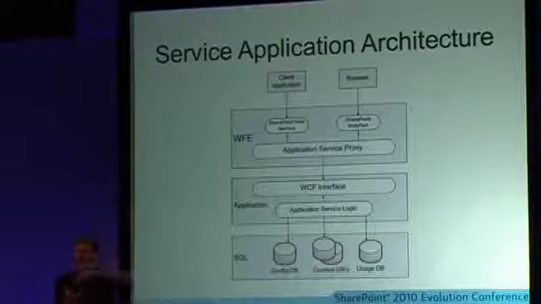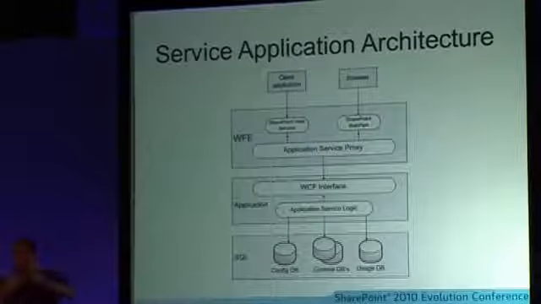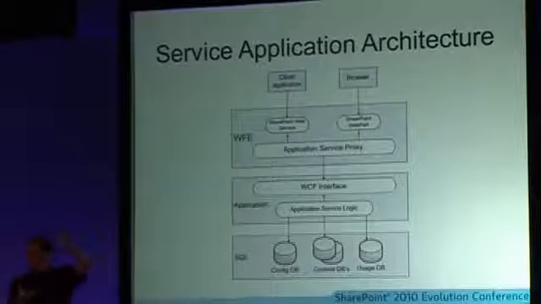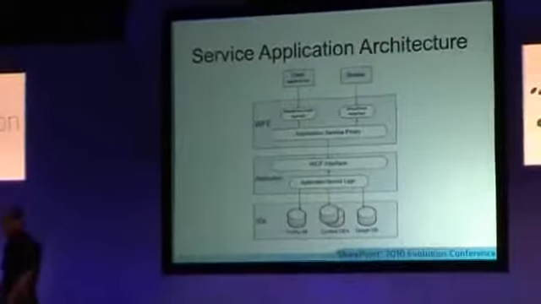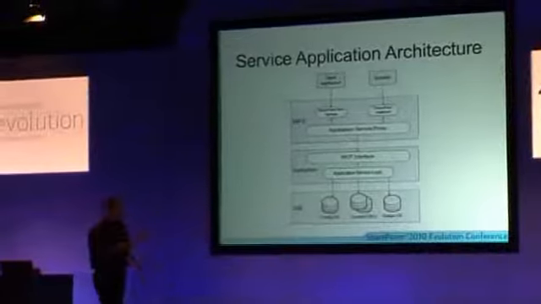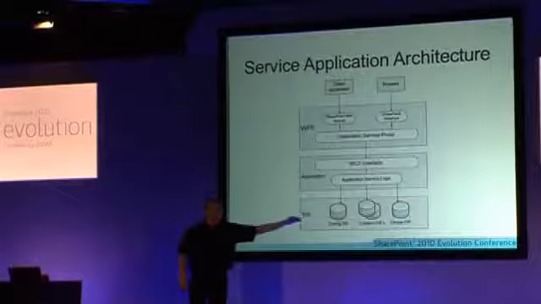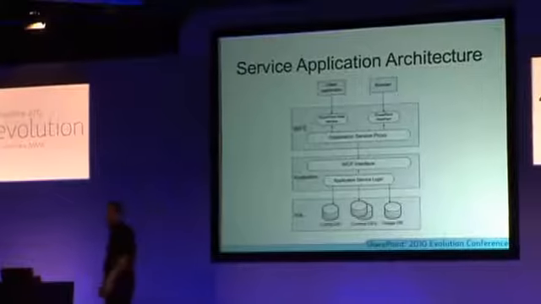The WCF is making sure that the front end, where we look for our reports and trends and everything else, is communicating correctly with the application service running on the middle box. And it's the middle tier, that application service logic, that's talking to the various databases that it's working with.